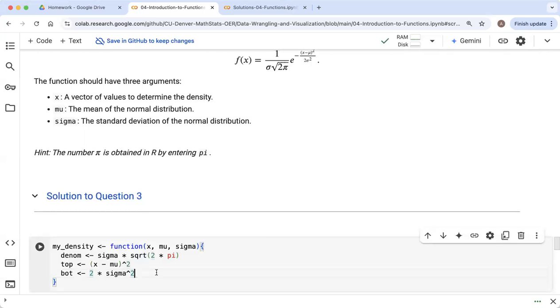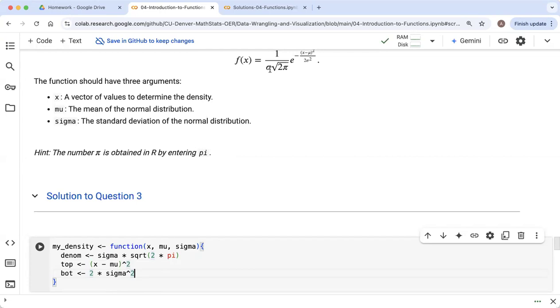So I think putting the space between the asterisk and the 2 and the asterisk and the sigma squared makes it a little bit easier to read as 2 times sigma squared. So I do encourage you to put spaces between the operators, since x minus mu is a little bit easier to read when I put the spaces between it.